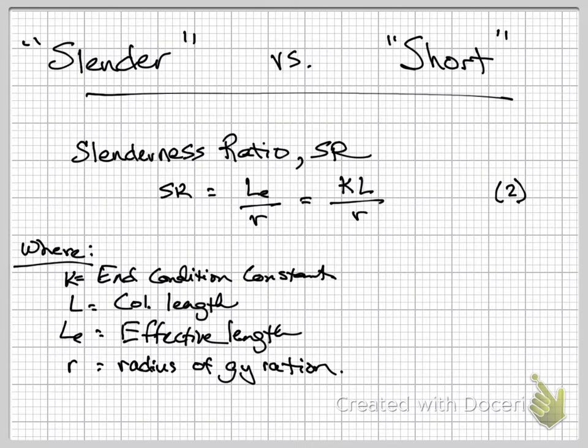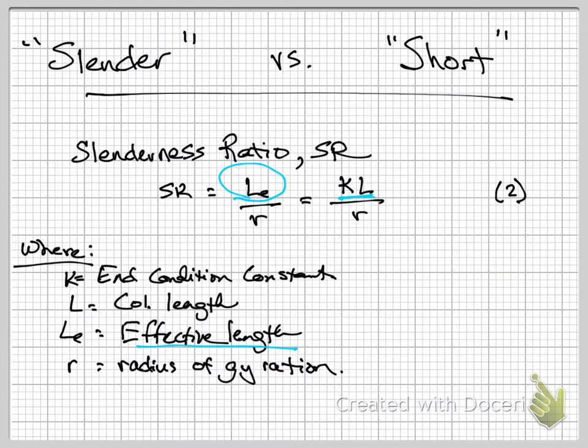Okay, so before we totally jump into this, we can see we have several new terms. We've got this effective length term, which is going to be related to K and L. We can already see that, and it hints at what the definition will be.